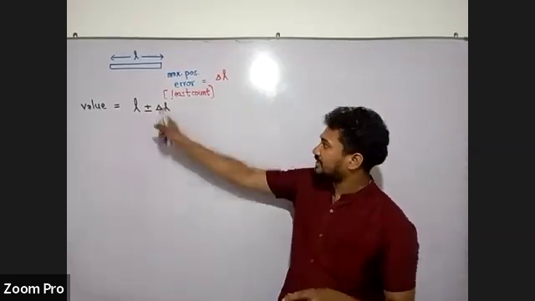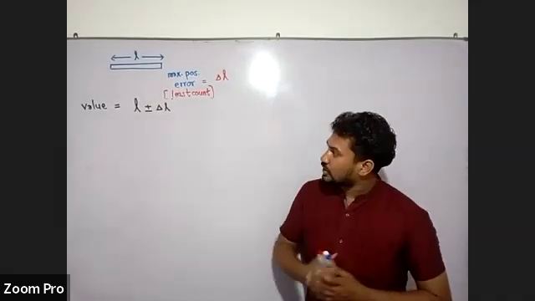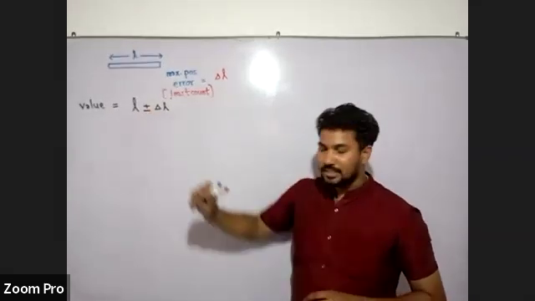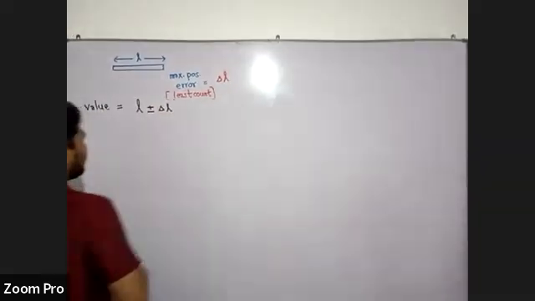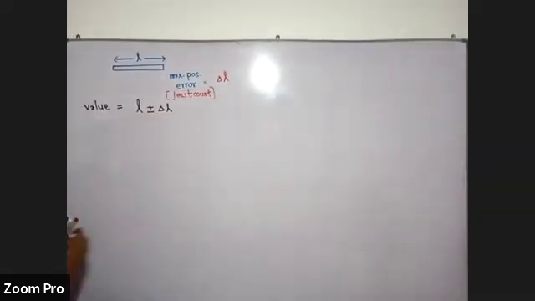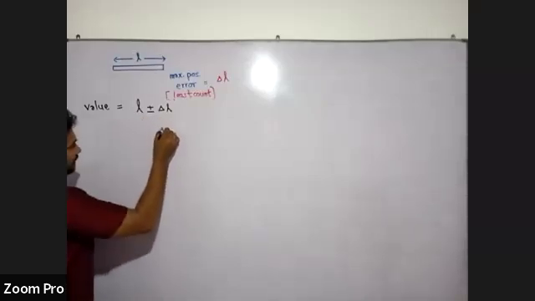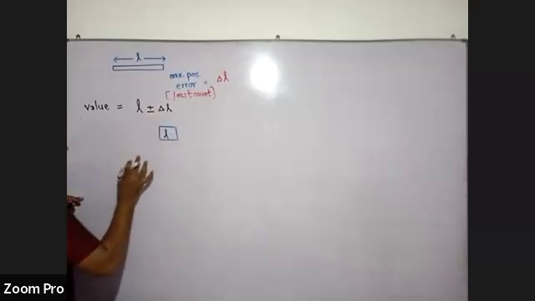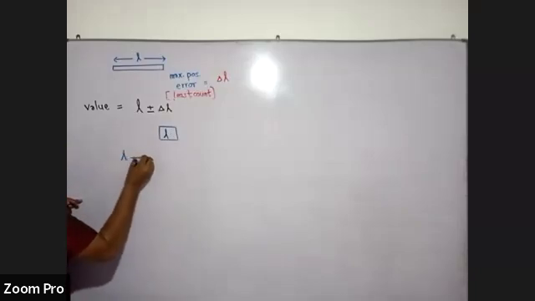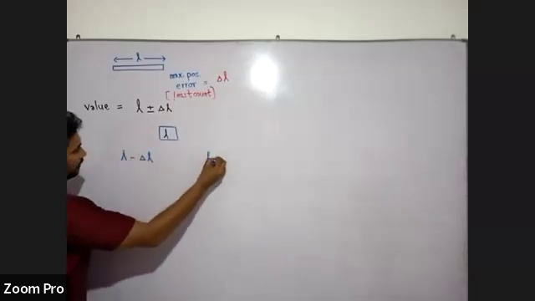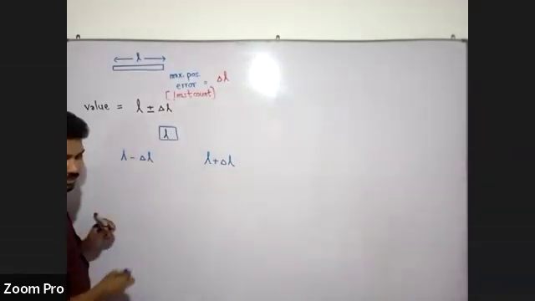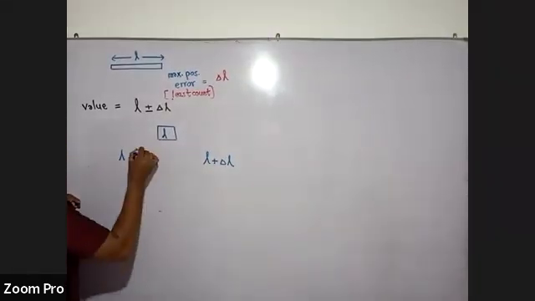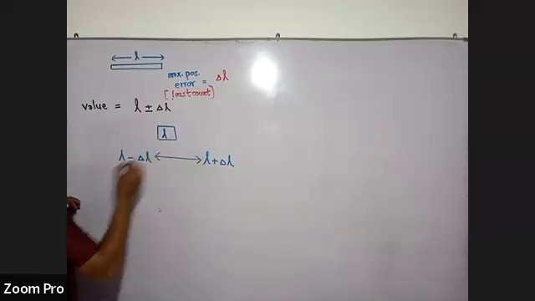We have to mention that this is a possible error or the least count. So it could be plus or minus. So I have told you what is the meaning of this notation. That is, the accurate value is L, but it can be L minus delta L or L plus delta L, right? So that means this length has a range of values.